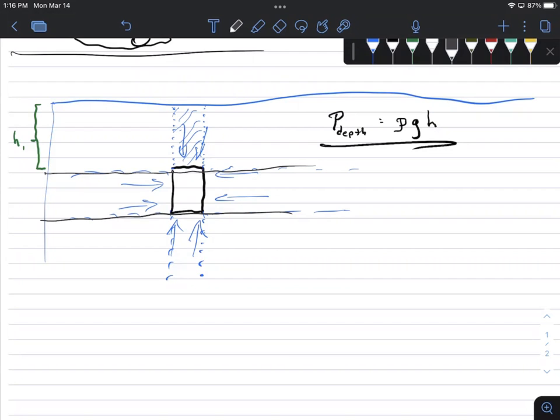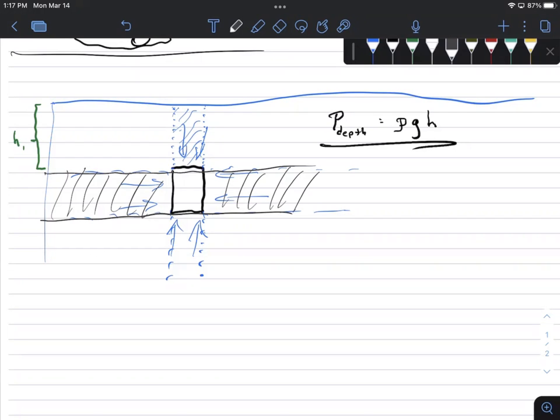Now the sides, the left side of the box and the right side of the box, they're at the same depth. So all the stuff here cancels out all the stuff here, right? The amount of pressure pushing from the left is the same amount as the pressure pushing from the right. And so if I stick my object under the water, it's not going to be moving to the left for some weird reason. Okay.